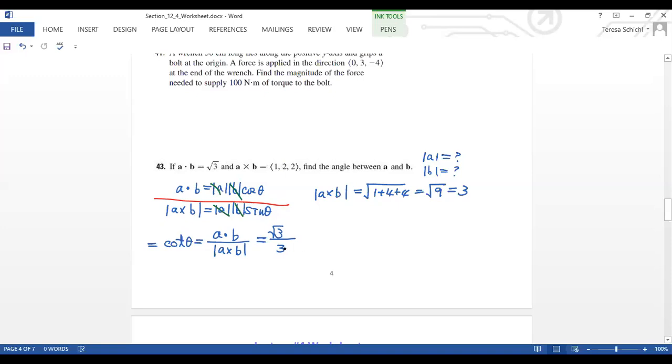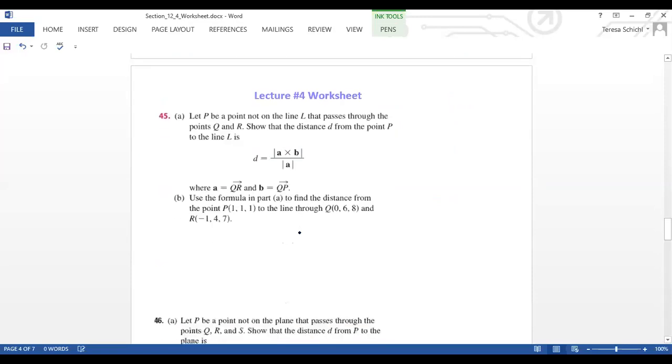So by your unit circle, what theta will give you the cotangent equal to the square root of 3 over 3? It's 60 degrees. All right, so that's why we know the angle between A and B is 60 degrees. The next thing I'm going to do is number 45 here.